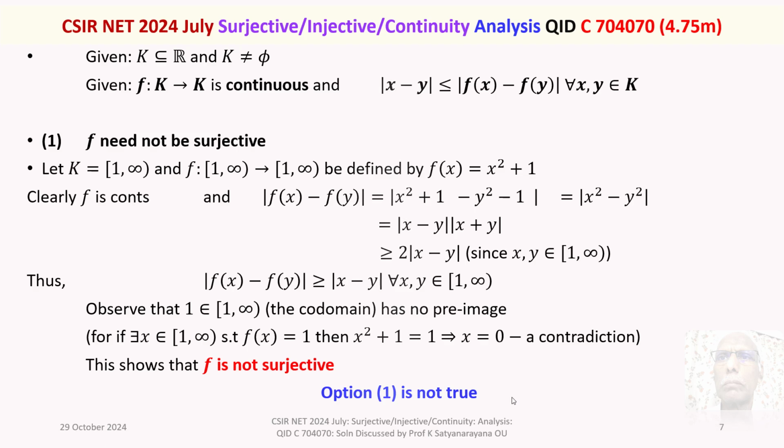We move on to the next slide for the discussion of option 2. Option 2 says f must be surjective if k is equal to 0 to 1. So if you restrict, now if you take k to be the closed interval 0 to 1, then f is surjective when f is continuous from k to k and f satisfies that condition.